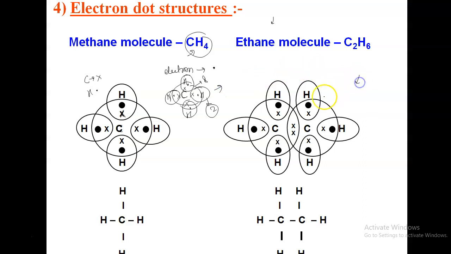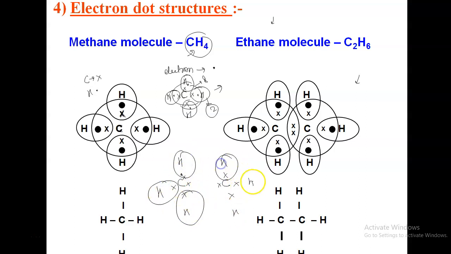Similarly for C2H4 also. See, C2H4, 2 carbons are placed like this. Make all the carbon electrons crosses. And for satisfying carbon valency, we will use hydrogen. Okay, so hydrogen, hydrogen, hydrogen. So each hydrogen satisfies its valency like this.